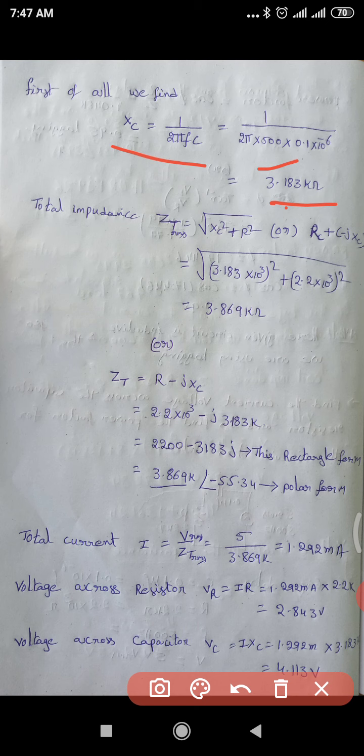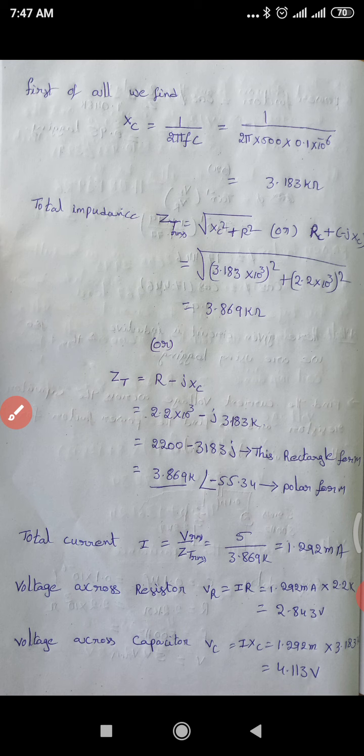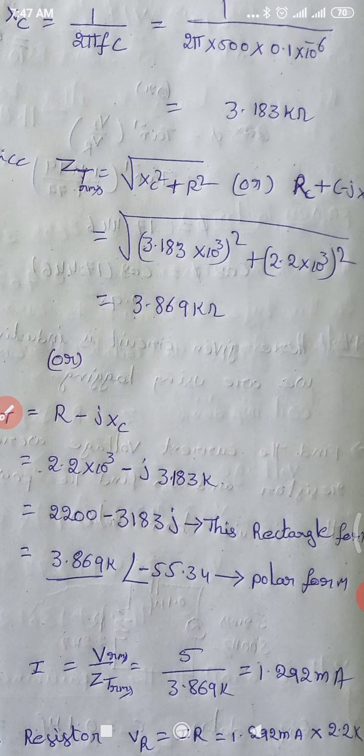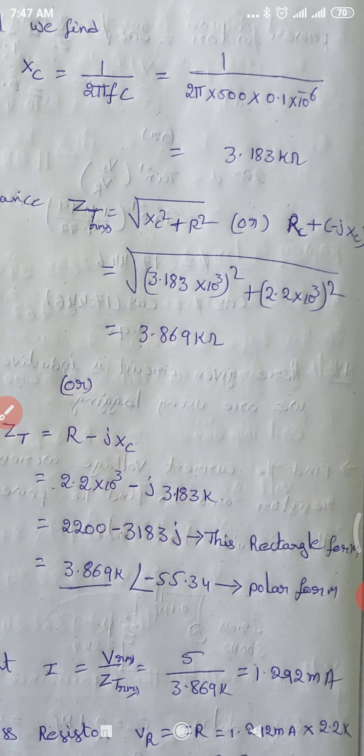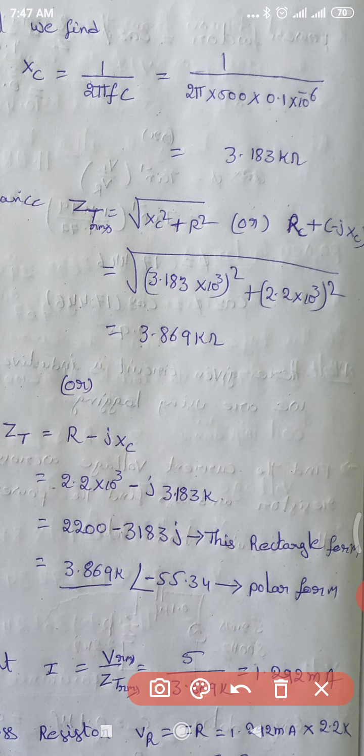That's why XL becomes 0, because in the circuit there is no inductor. Already we calculated XC as 3.183 kilo ohms.